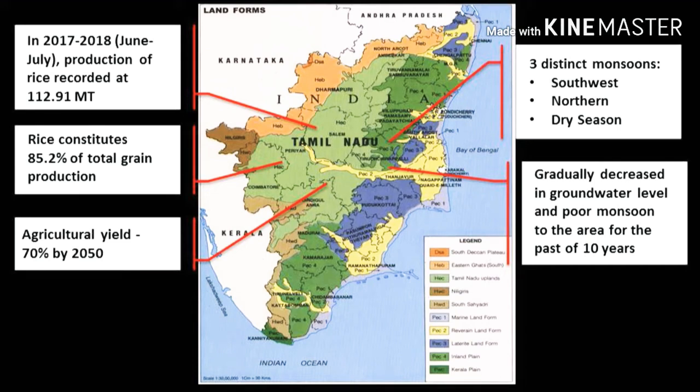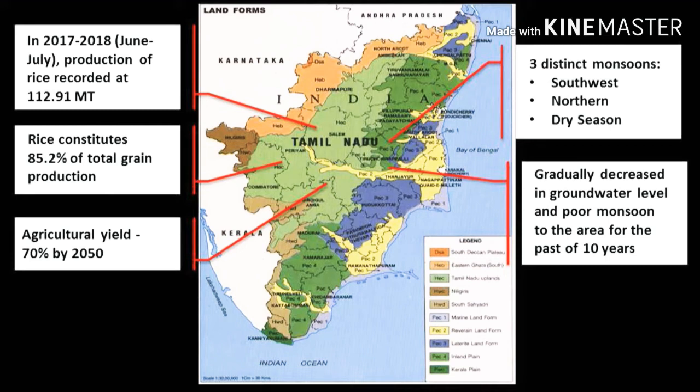The gradual decrease in groundwater level and poor monsoon in the area over the past 10 years urged the researchers to concentrate on an automated irrigation system to utilize the water resources.